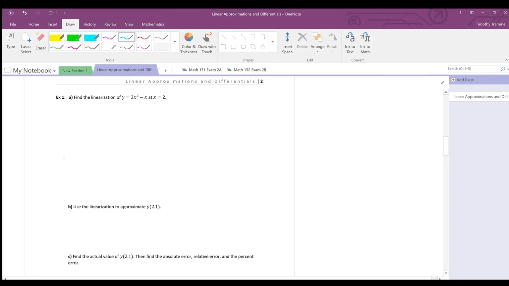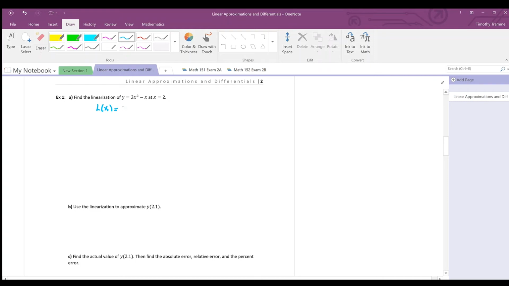Example 1, find the linearization of y equals 3x squared minus x at x equals 2. So this first example here is just to give us some practice with this new concept. We want to use that linearization formula, L of x is equal to, and we don't have an f here, we have a y, but that's okay.